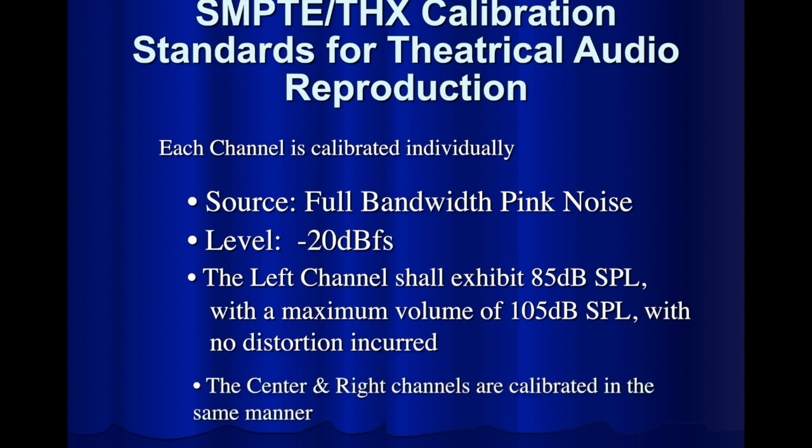So the center and the right channels are calibrated in the same manner. You still use full bandwidth pink noise, you still set the level at minus 20 dBFS, and the center channel should exhibit 85 dB SPL with a maximum volume of 105. Right channel, same thing. So now we have our LCRs calibrated.